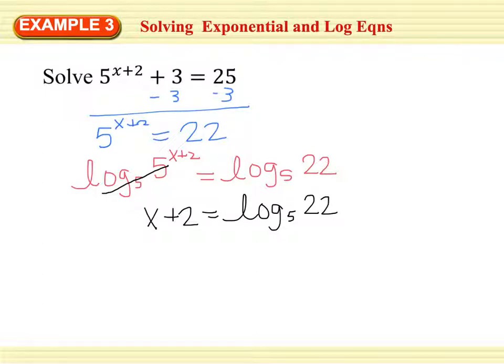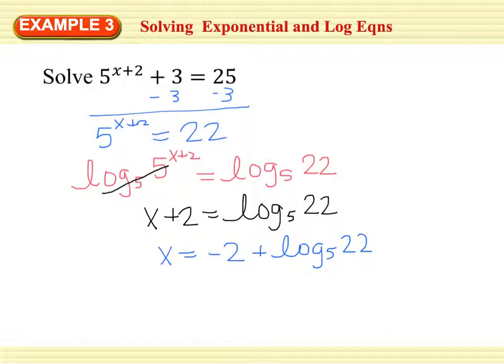And in order to solve, we're going to have to subtract that 2. So we get x is equal to, and just for ease of understanding where the pieces go, -2 plus log base 5 of 22.